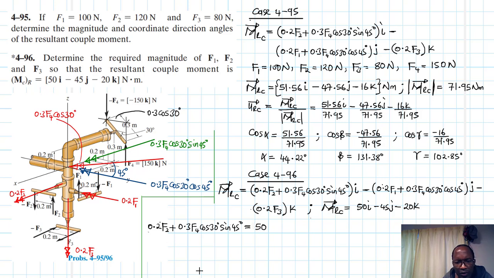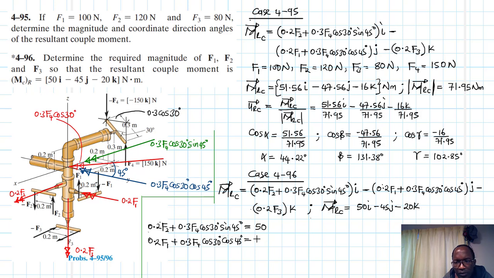Then I have another equation, which is 0.2 F1 plus 0.3 F4 cos 30 cos 45.